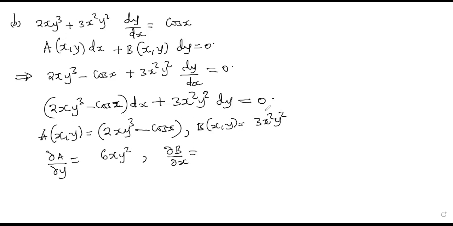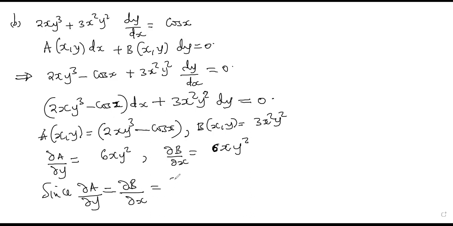So the 2 will multiply here to be 6, then x, but y would not be affected. So you realize that ∂A/∂y is equal to ∂B/∂x, which is equal to 6xy squared. Then the differential equation is exact. That is how we are concluding.